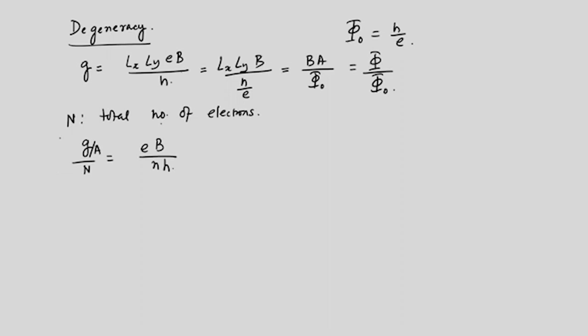Okay. So this becomes equal to n h, and this n is equal to N over A, so that everything falls in place. So this is the degeneracy divided by the number of particles.